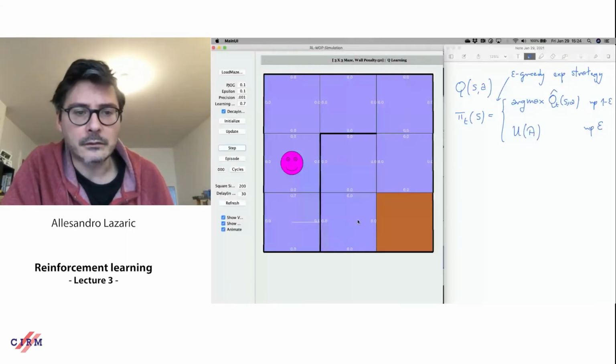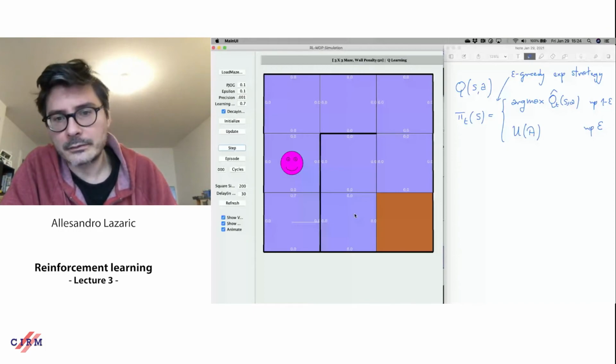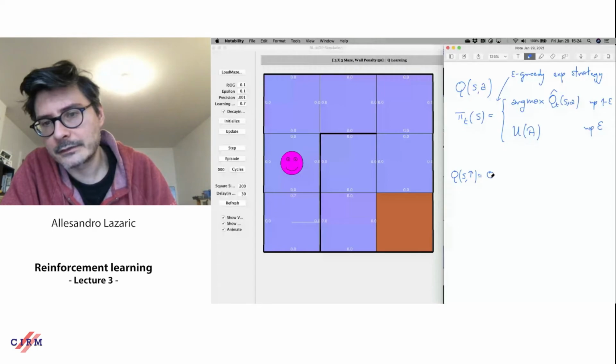So it's just a way of pushing the agent to go towards the goal fast. Okay, so now let's see what happens. Let's take one step. In this case, we take the action up. So we would like to update the state, let's say this one, for the action going up, and the equation of Q-learning tells us to do the following.